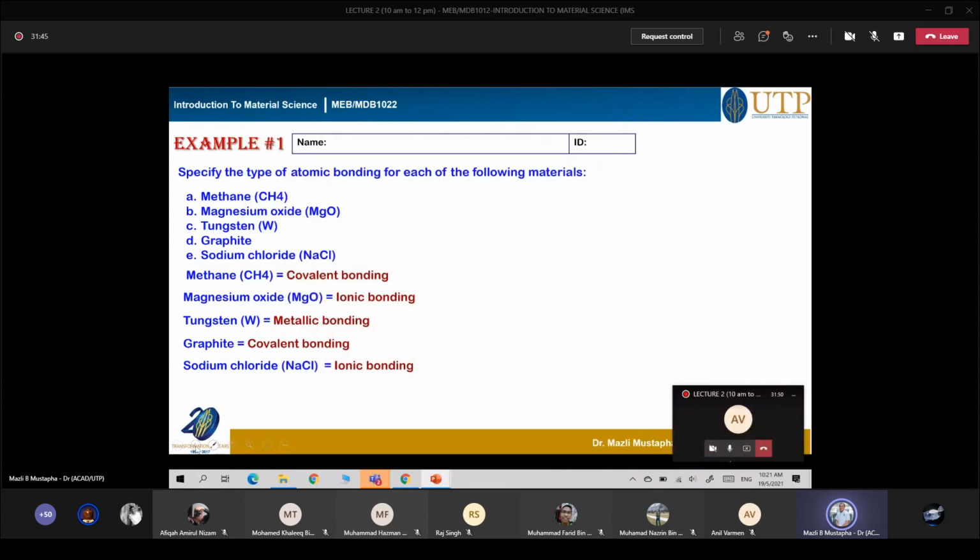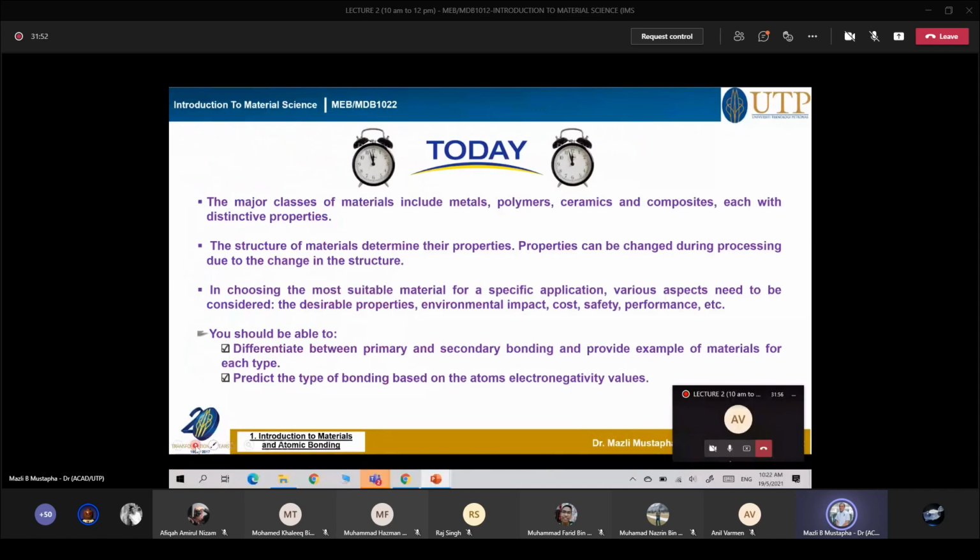This one is just a recap from your SPM foundation. This is what we have learned before. The major classes of material are of course metal, polymer, and ceramics, and by combining these we can produce composites. The structure of a material determines its properties, and properties can be changed during processing due to changes in structure.